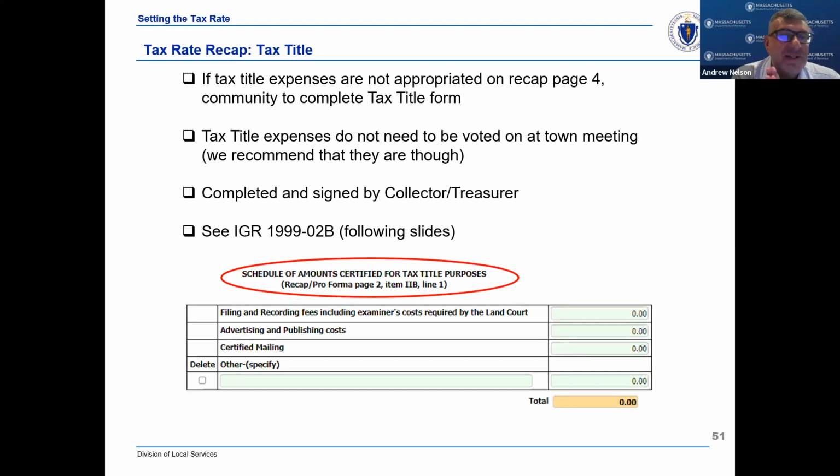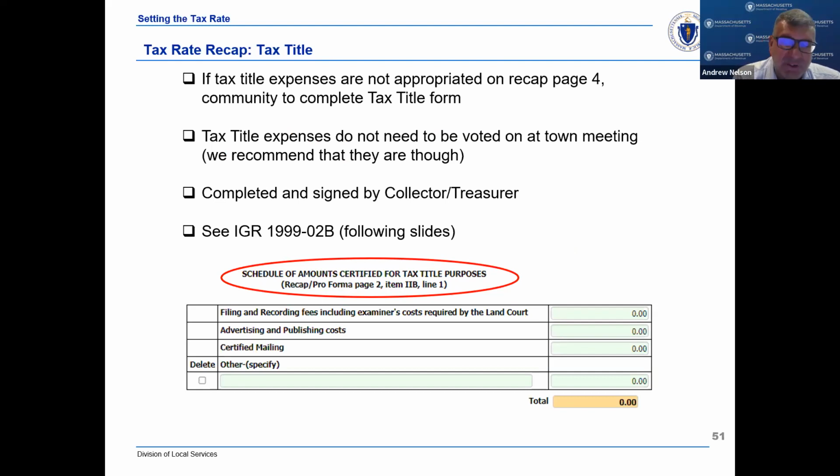So this is the tax title form I mentioned for the first line of those 10 items. This is filled out by the treasurer collector, or the collector, if you're a community that has those positions separate. It is not allowed to be used for salaries.